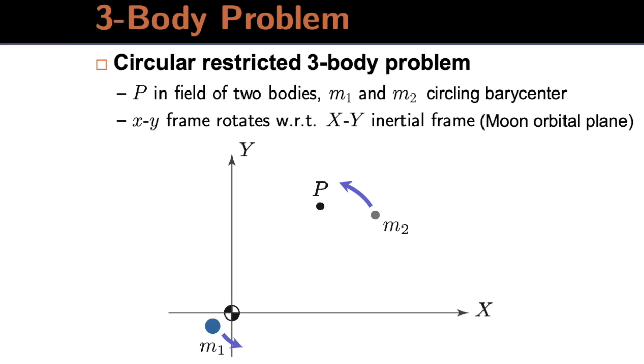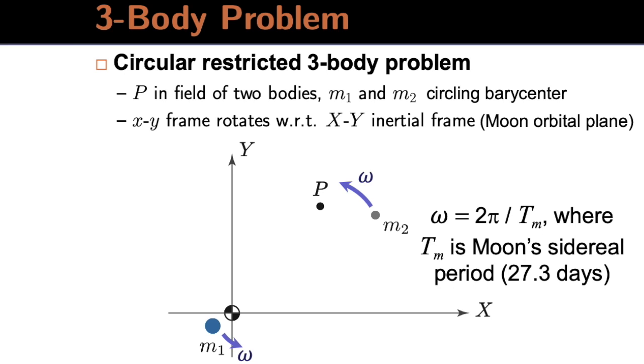And we could view this in terms of an inertial frame. So this would be the moon's orbital plane. But usually we look at this in terms of a rotating frame. So a frame that's along the Earth-Moon line, so this little x direction. And that rotates with a frequency omega, which is 2 pi over the period of the moon's sidereal motion, which is 27.3 days.